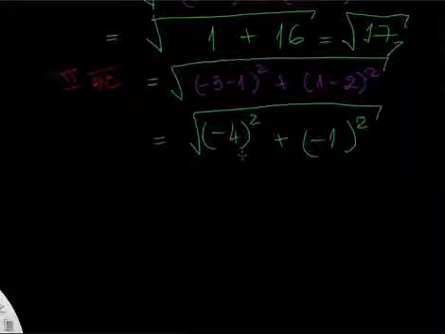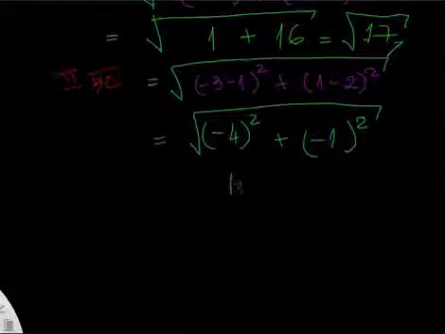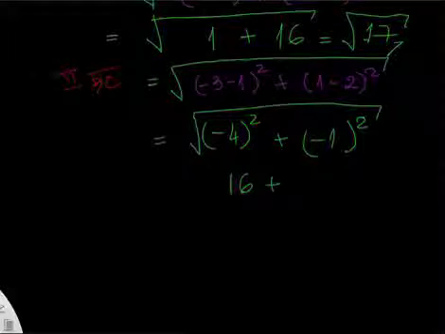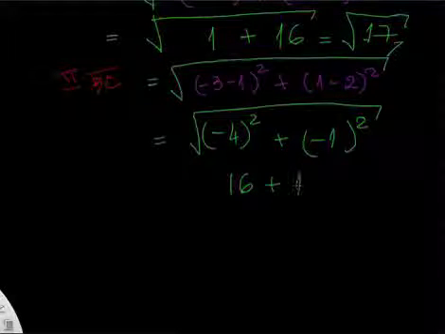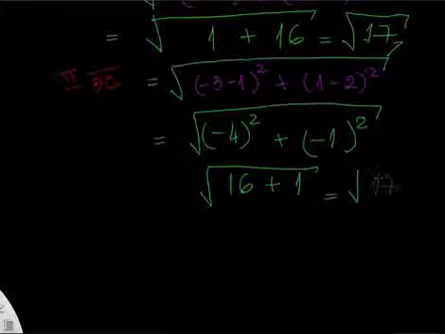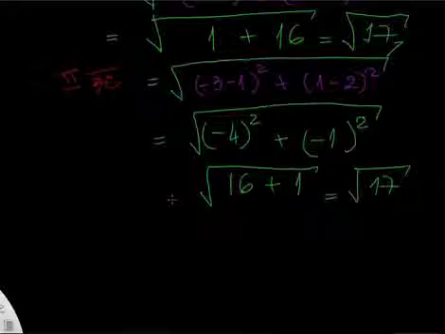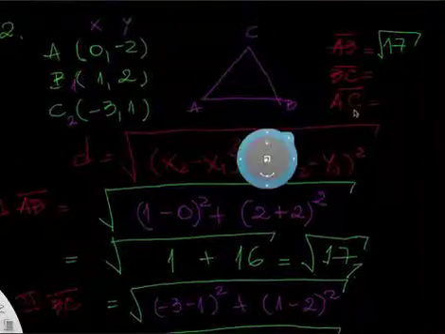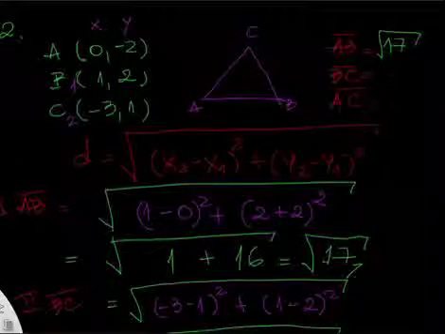So the square of negative 4 is positive 16, and the square of negative 1 is 1. That's it. Oh, look at that. Is this the square root of 17? Yes, it is. Interesting. So far, I can say that my triangle is isosceles.